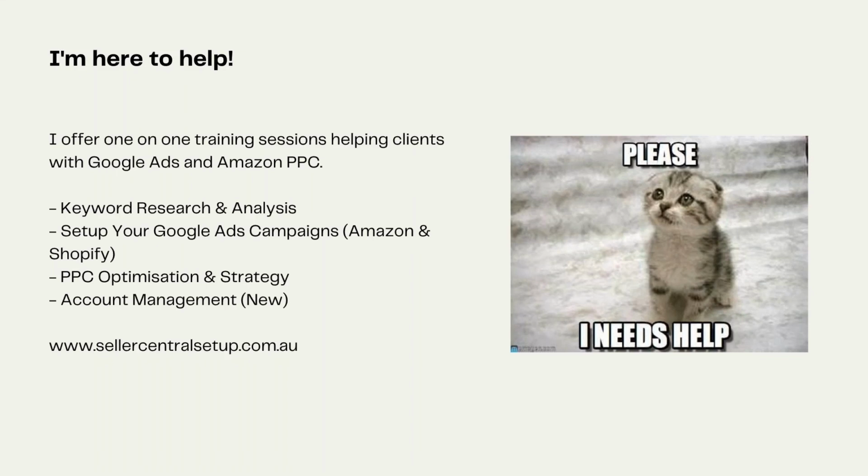Once you've got data there, you can move those keywords that are converting into a manual campaign, and that's where you can really control the bid. Keywords will convert differently, so you can bid more aggressively on those terms that are converting at a much higher rate.